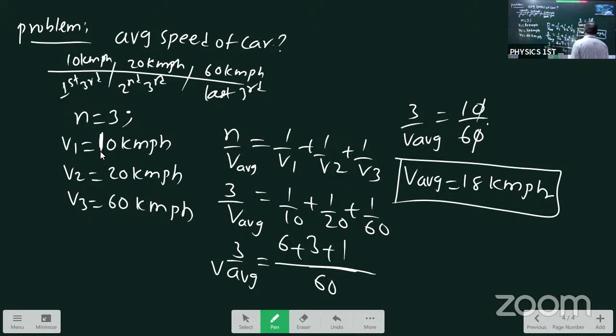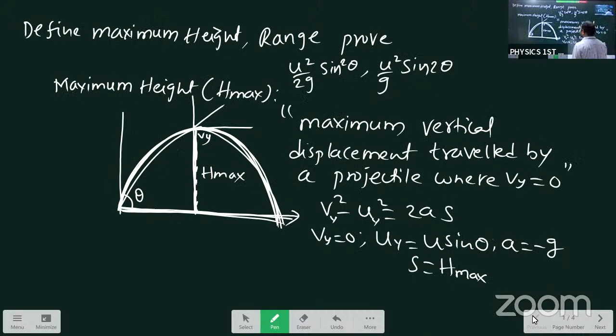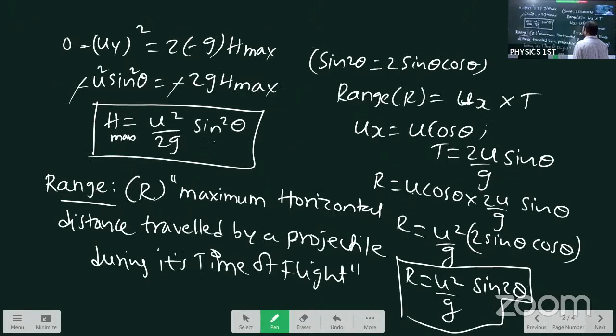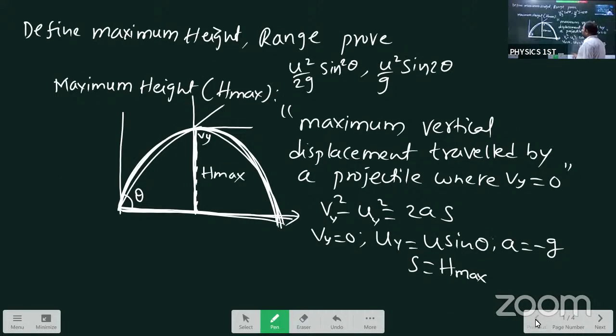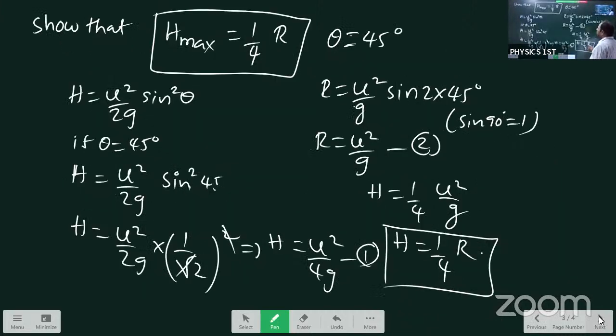So students, today's questions, one more time I am giving a rough explanation. Today the first question: define maximum height and range, with definition and derivation. Then show that H max equals 1/4 of range for angle 45 degrees.